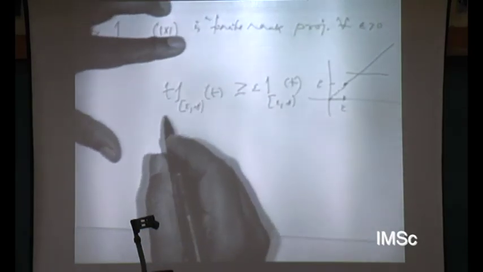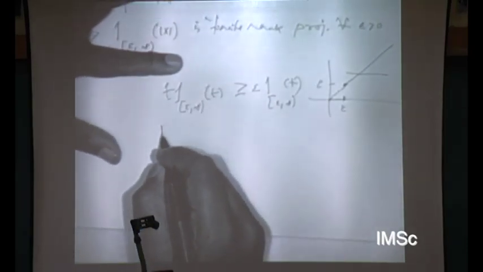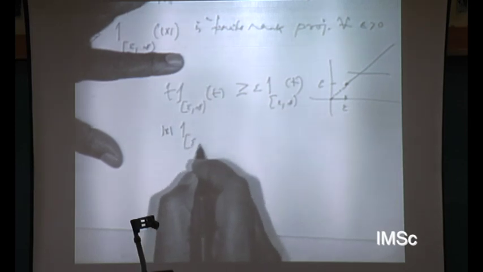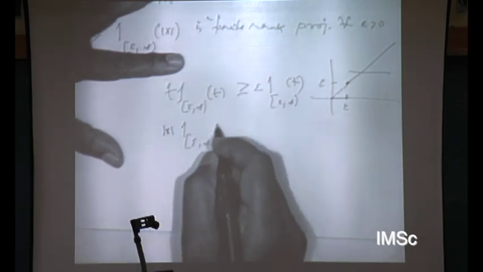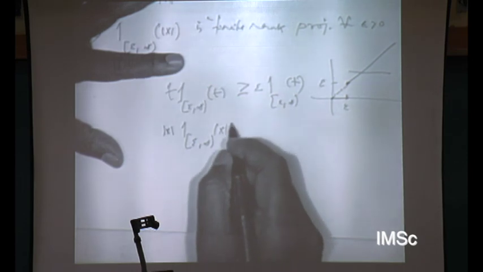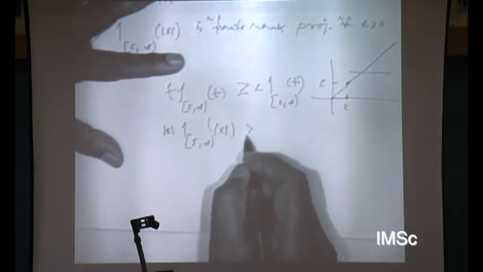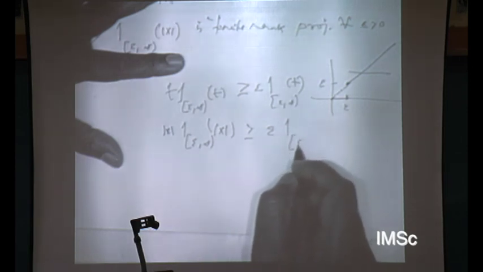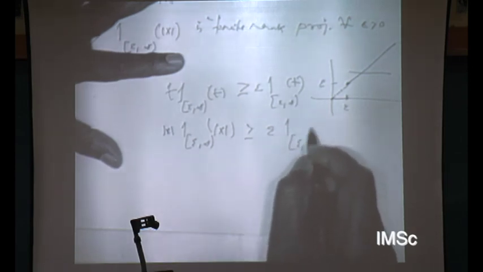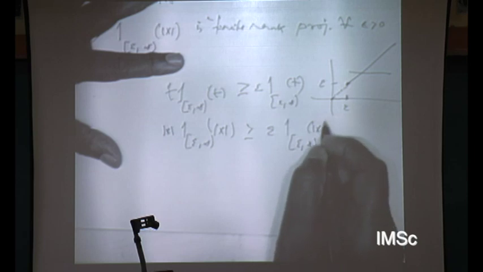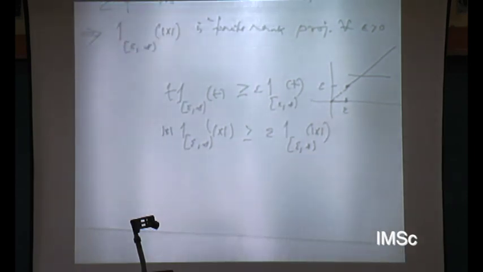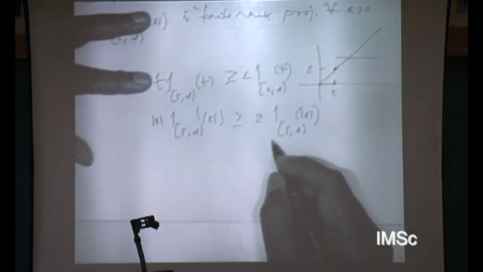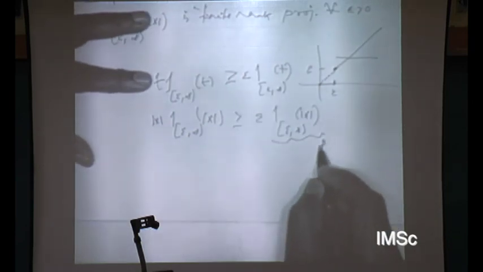So it will be true that mod x times the indicator of epsilon to infinity of mod x is greater than or equal to epsilon times it. They're getting very complicated. Let me just call this P epsilon for the moment.